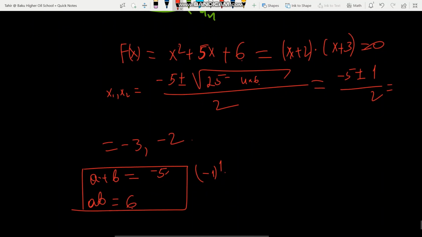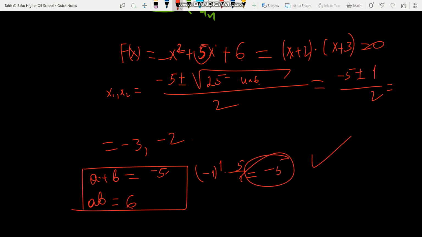In our case, our maximum order is 2, and n minus 1 is equal to 1, and then 5 divided by the coefficient of the maximum order, 5 divided by 1, and this is equal to minus 5, and is correct in our case.